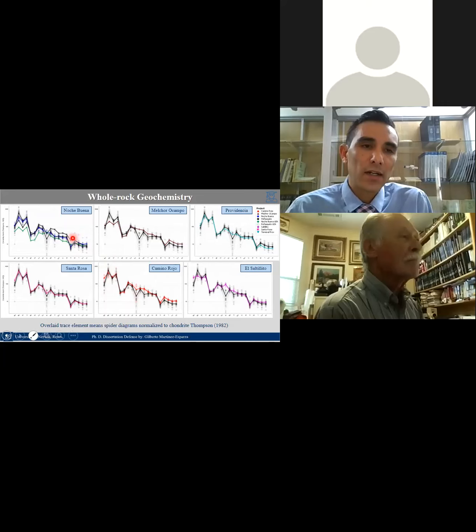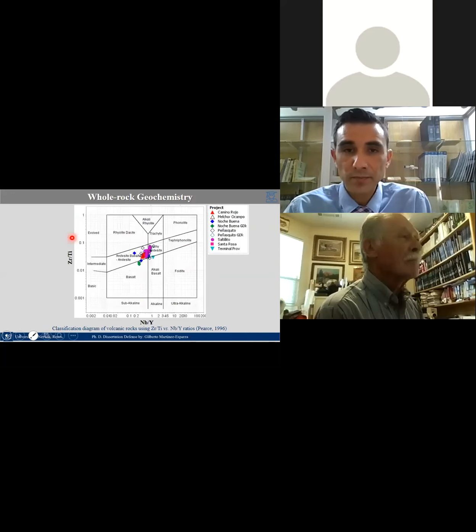rocks show a small difference that indicates the magma source was quite different, or there's a difference about those magma sources.